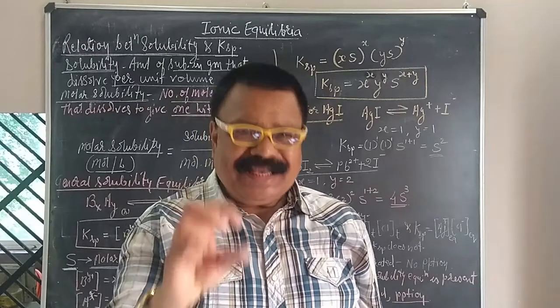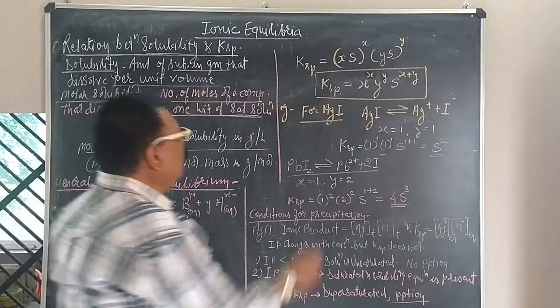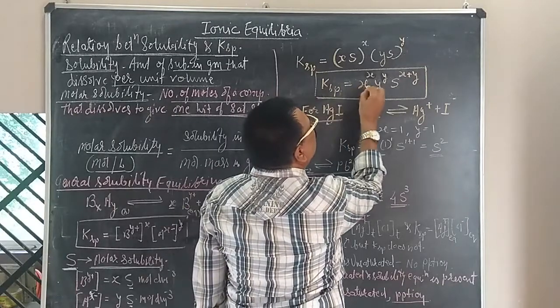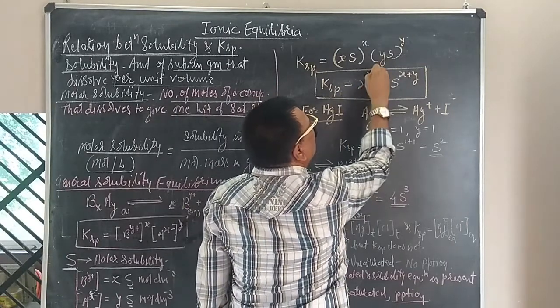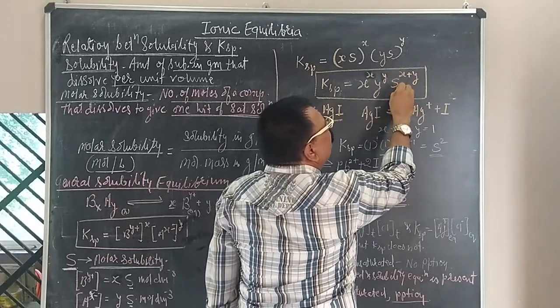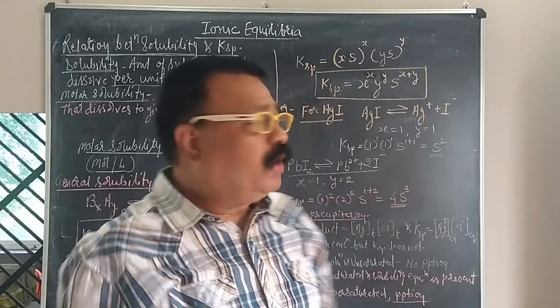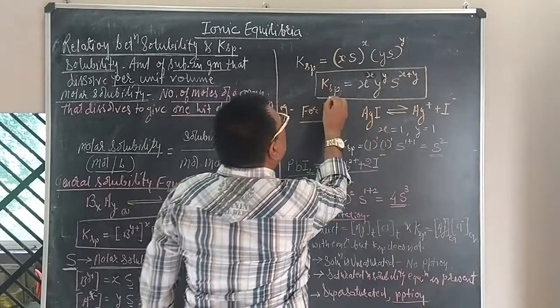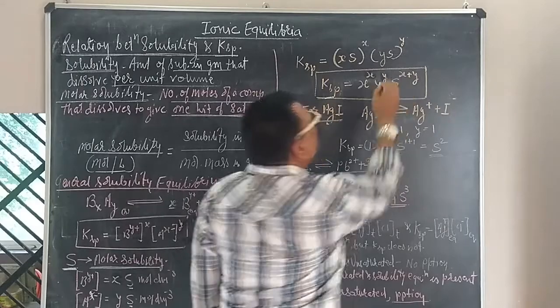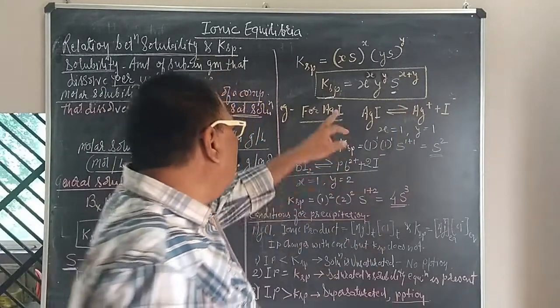So whatever the solubility product for this equilibrium constant, Ksp equals x^x into y^y into S^(x+y). Correct? So that gives the relation between the solubility product and the solubility.